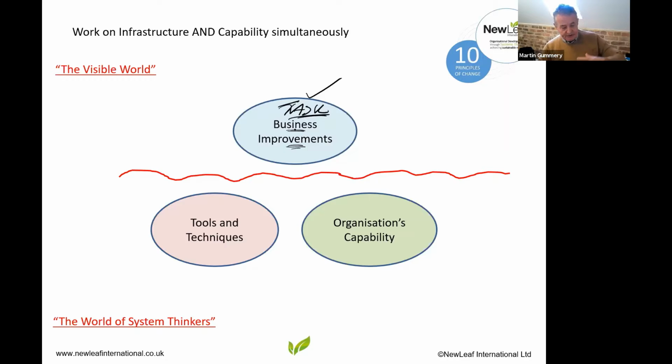But what we find is that organizations, very successful ones, are very task orientated. So there can easily be a focus on those business improvements. But what we do is we put our frogman suit on and go down into the world of systems thinking, because there are systems that are tools and techniques.